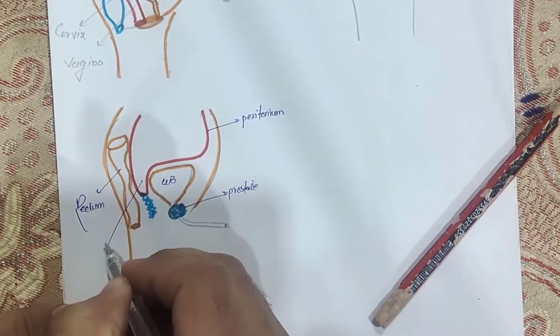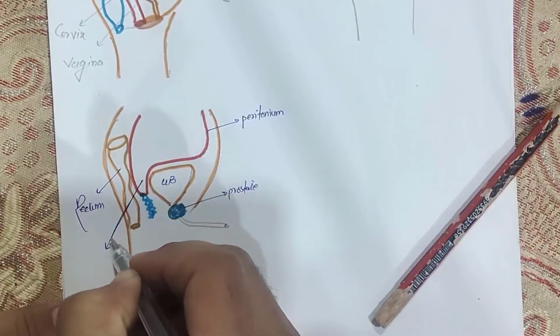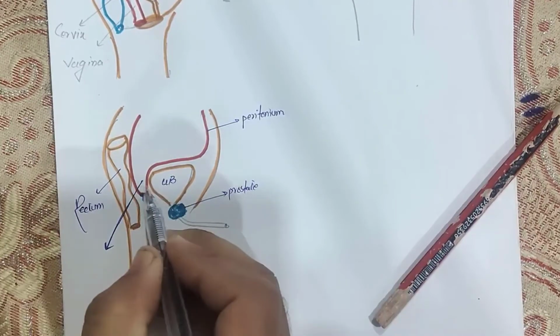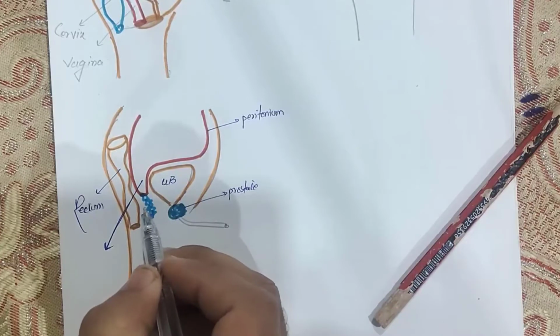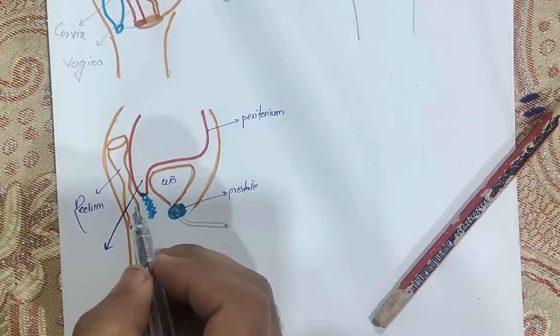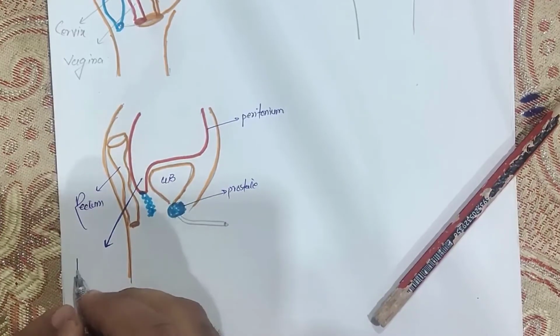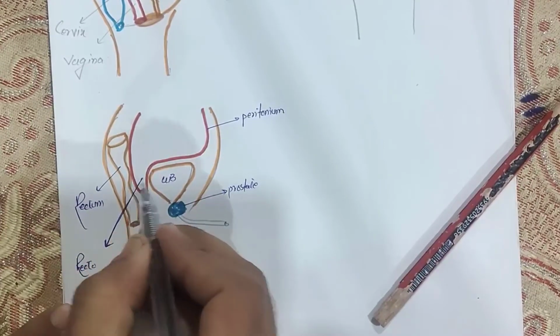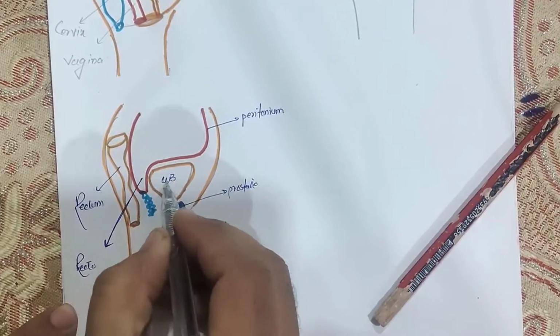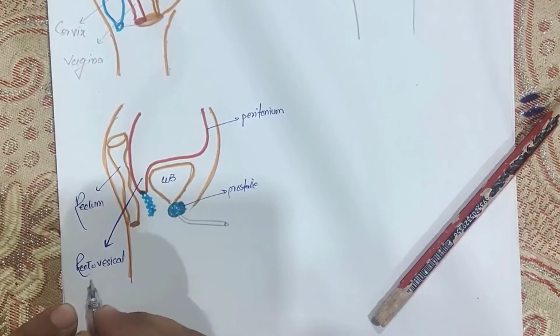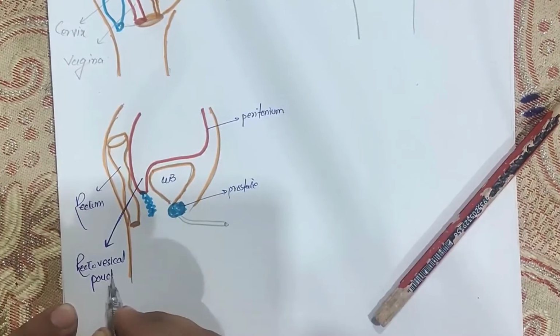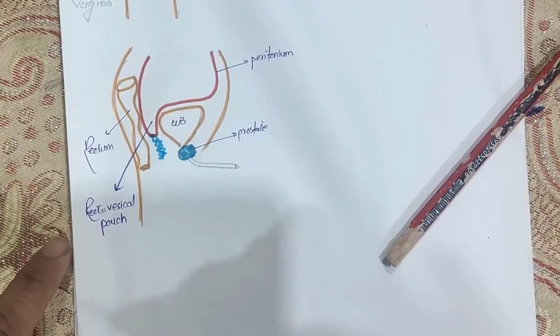This pouch-like structure which is located behind the urinary bladder, in relation to the base of the urinary bladder, is called the rectovesical pouch. Recto means in front of the rectum, and vesical means urinary bladder. So the rectovesical pouch is there, right? You can see it very easily.